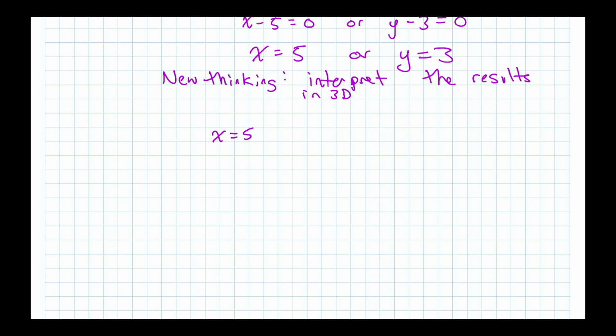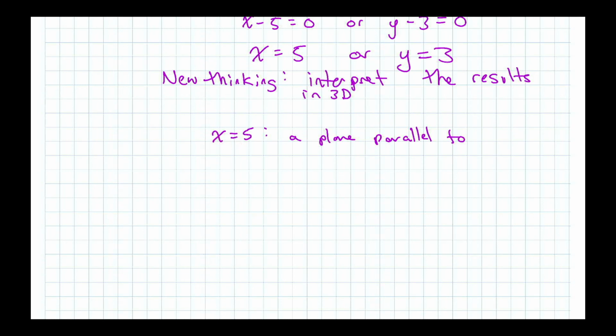Remember when we talked about planes that were parallel to the coordinate planes? So x equals 5 is a plane parallel to, well, what coordinate plane is it parallel to? See if you can think of it, right? If this is x equals something, then it must be parallel to the other two variables, y and z.